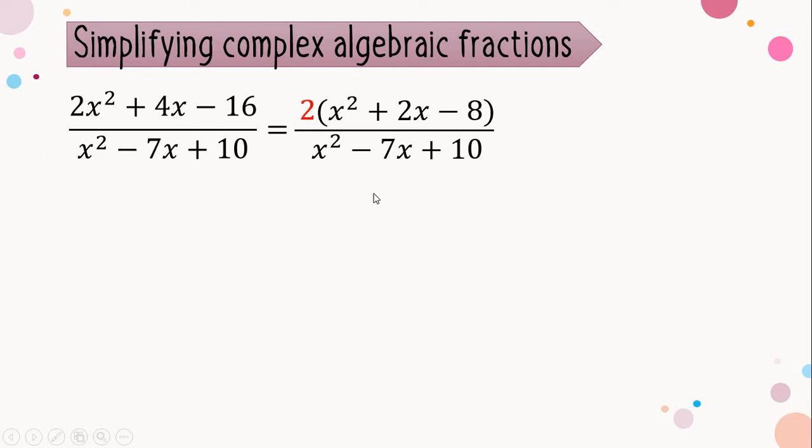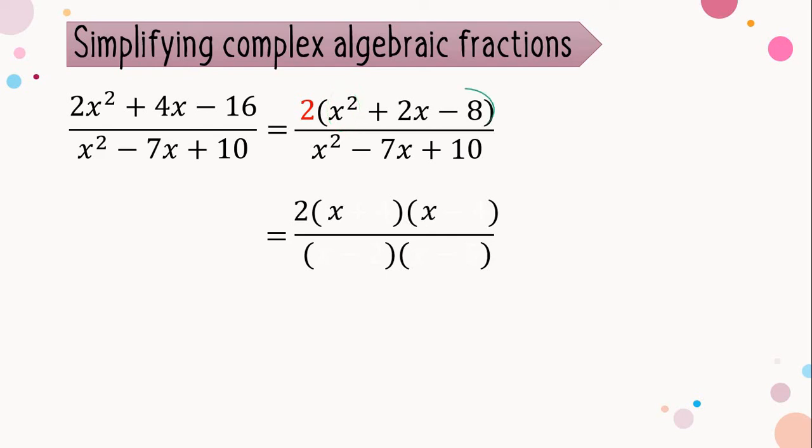And then for the denominator, we just write it as the equation. Next, we need to do the factorizing. Remember, because that is quadratic, it must have 2 brackets. For the numerator, x squared comes from x and x. Minus 8, so 1 positive, 1 negative. Okay, I write 1 negative, 1 positive. And then 8 can be formed from 1 and 8 and also 2 and 4.